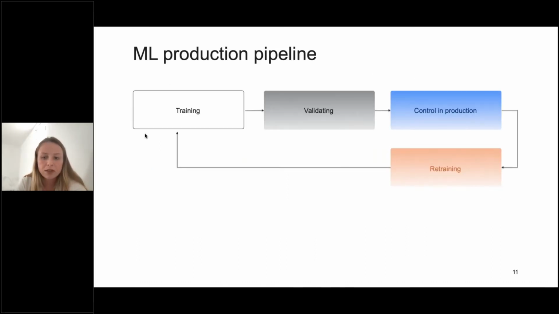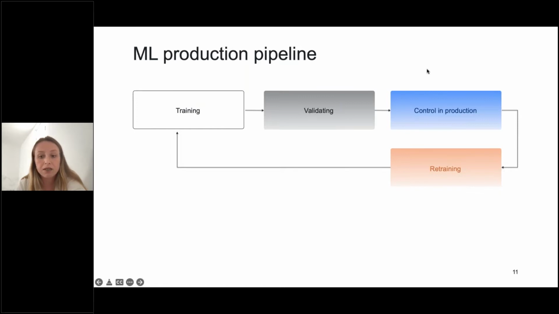Talking about this, I would like to show you the machine learning pipeline. Probably many of you are familiar with this kind of pipeline. Maybe it's a simplified version, but normally we train our algorithms, then we spend some time validating those. Once they are good, we push them into production.